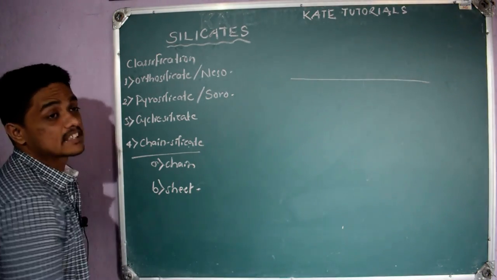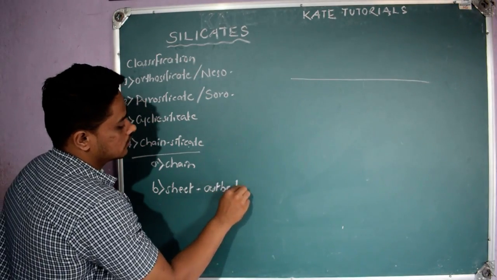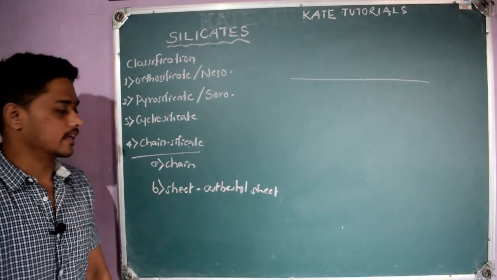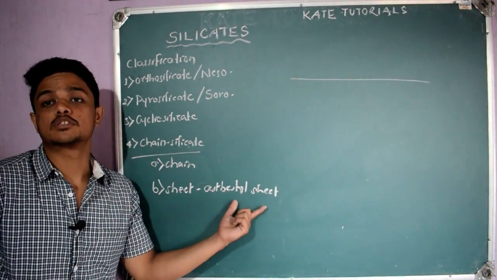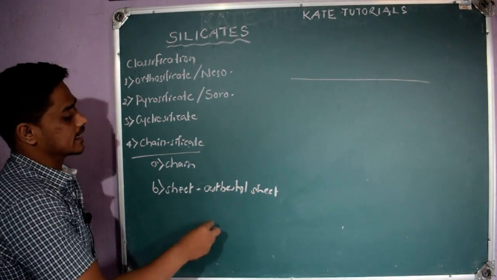That is nothing but the asbestos sheet, we call it. These are nothing but chain silicates only. The asbestos sheet is a good example of sheet-like chain silicates, right?